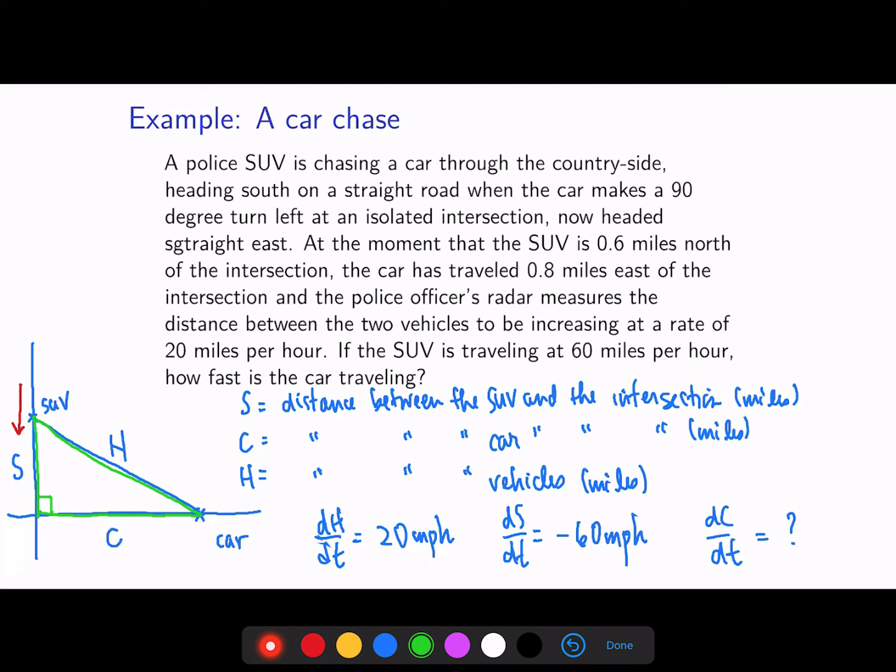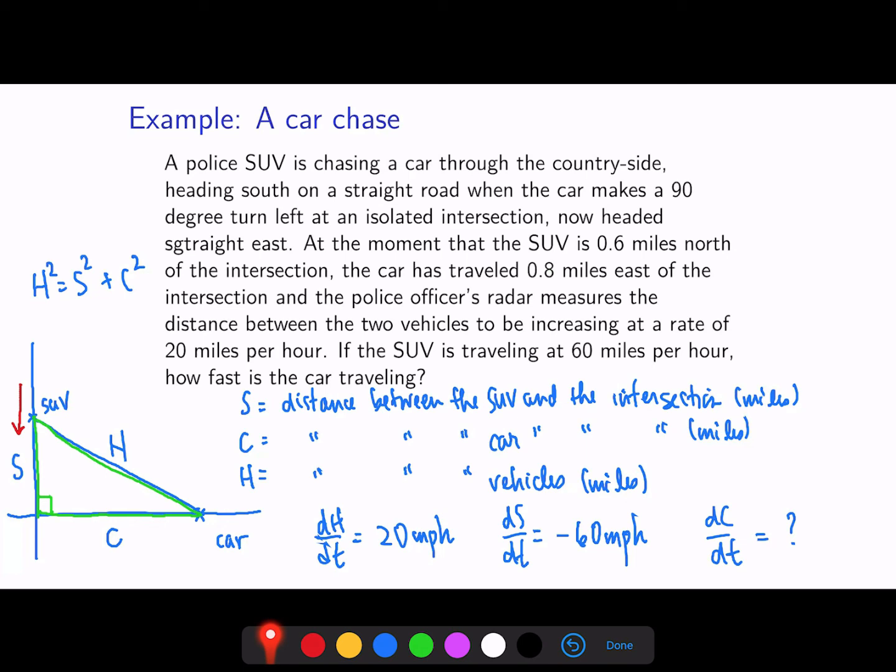And you should see pretty quickly that the Pythagorean theorem is an expression that we can use in this case: H squared equals S squared plus C squared. It's an equation that involves all the variables we're interested in, and when we implicitly differentiate, it'll give us expressions for these derivatives.